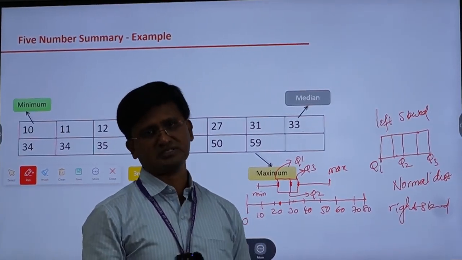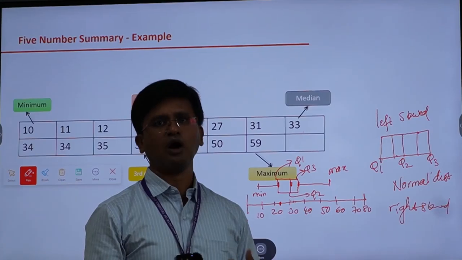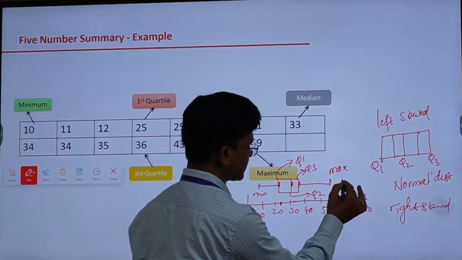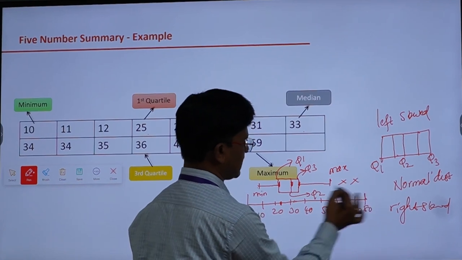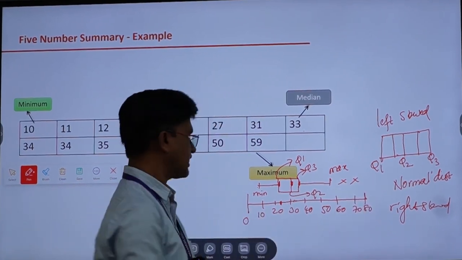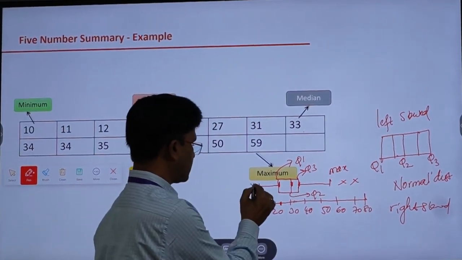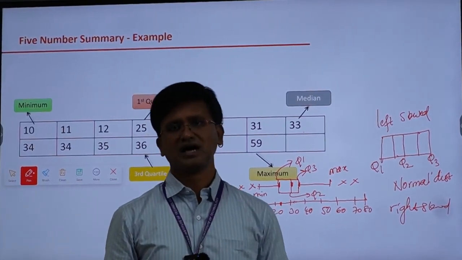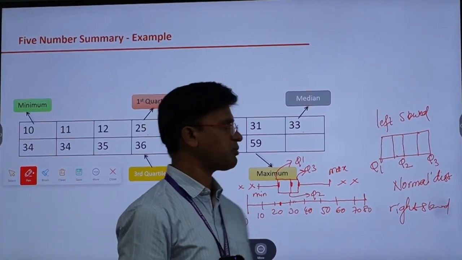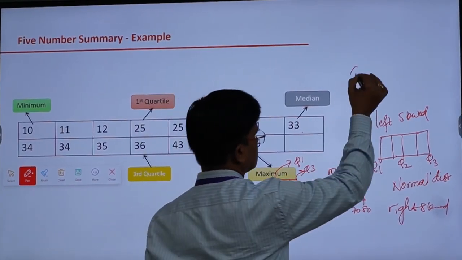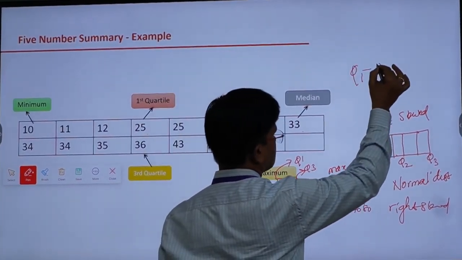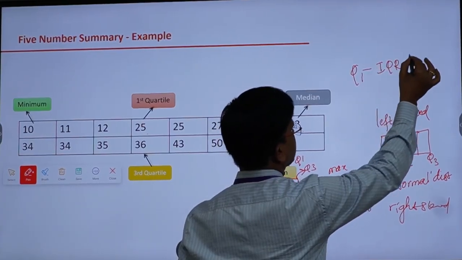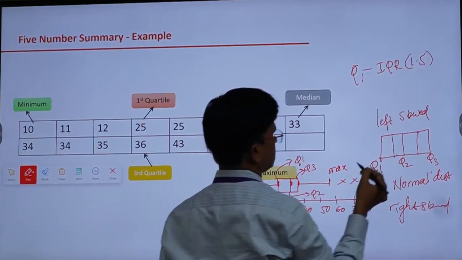And apart from this, if you want to find out if any outliers are there, if any data points are there beyond this max, or if any data points are there less than this min, then those data points we can call outliers. And there is a simple formula to find the outliers: Q1 minus 1.5 into IQR.